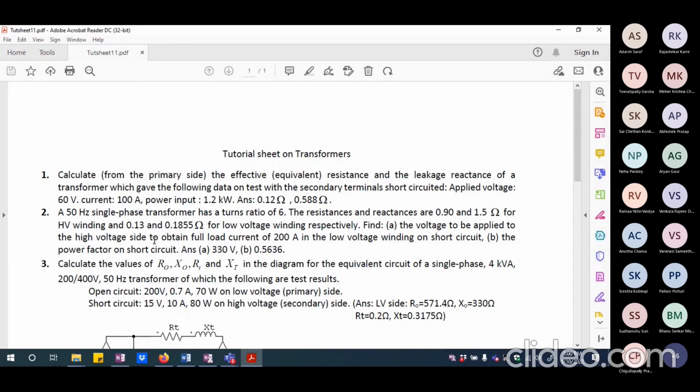Find the voltage to be applied to the high voltage side to obtain full load current of 200 ampere in the low voltage winding on short circuit. And the second one is power factor on short circuit. So let's try to do this problem.